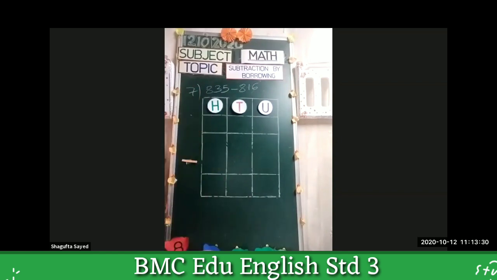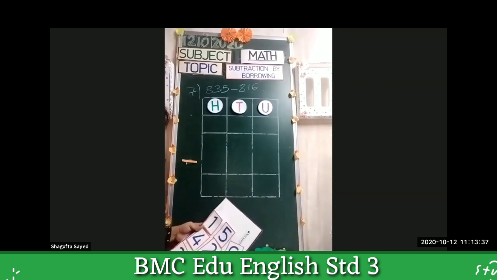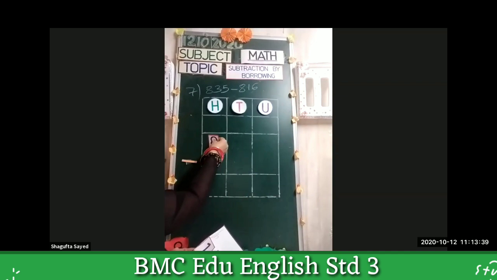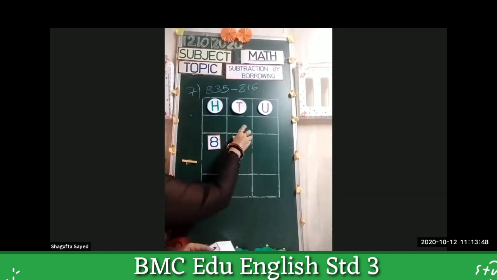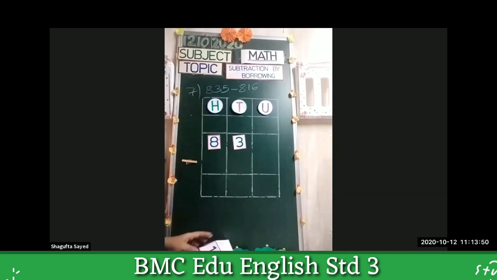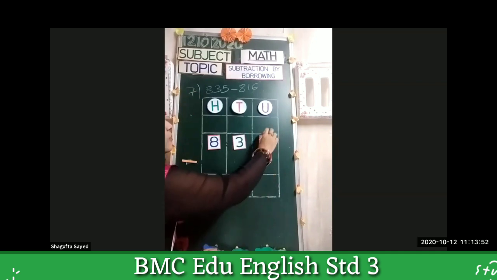Now you have to tell me where I have to write the number. Is that clear? 8 goes at the 100 place. Very good. Next, 3 is at which place? Very good. 3 will be at tens place. Where will 5 be? Very good.